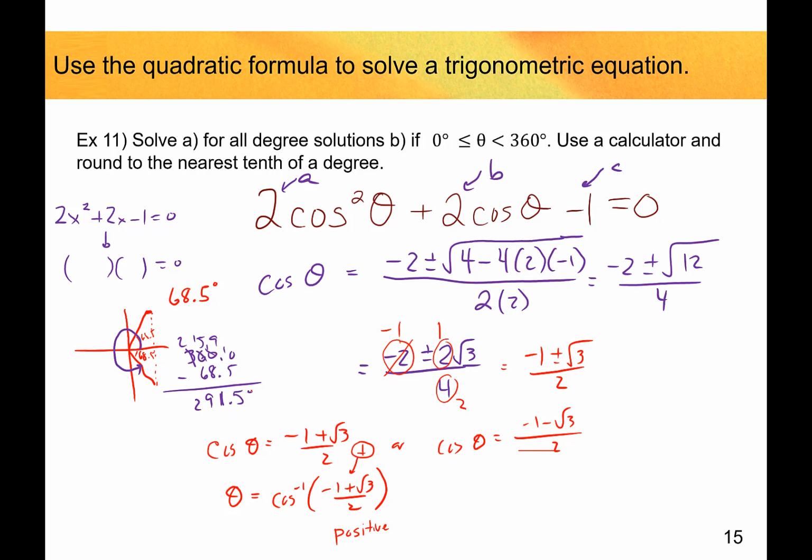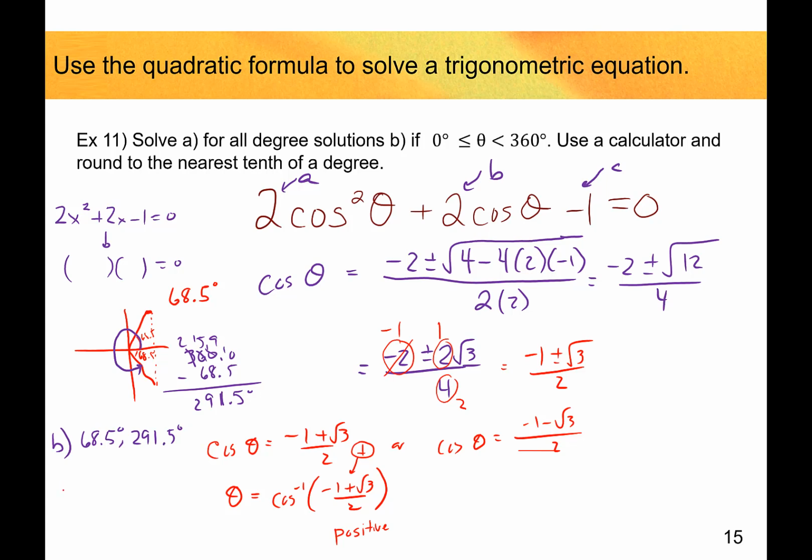Okay, I think we got our B value here. B value is, got one answer at 68.5 degrees. Got another answer at 291.5 degrees.